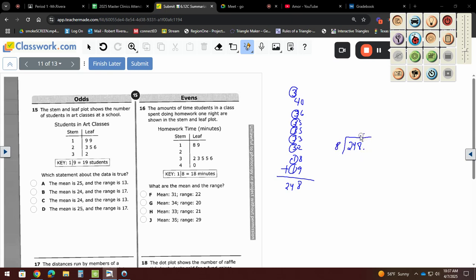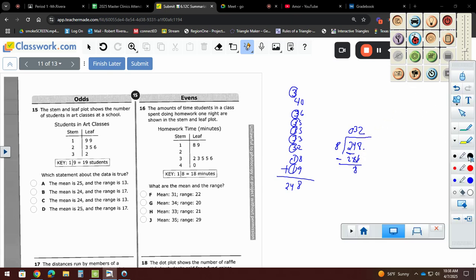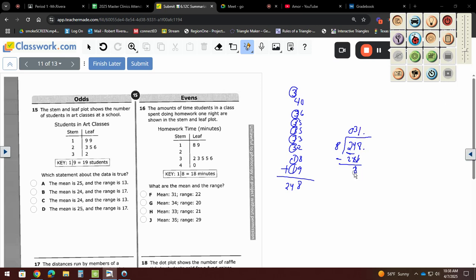Put your decimal. 24 is going to be 3. And 2. 1, my bad. Thank you. Let me fix that. Undo that part. It is 1. Which I already knew because it's the only one that had the range of 22. So that's why the answer is F. Questions? That's what you should have done in number 15.